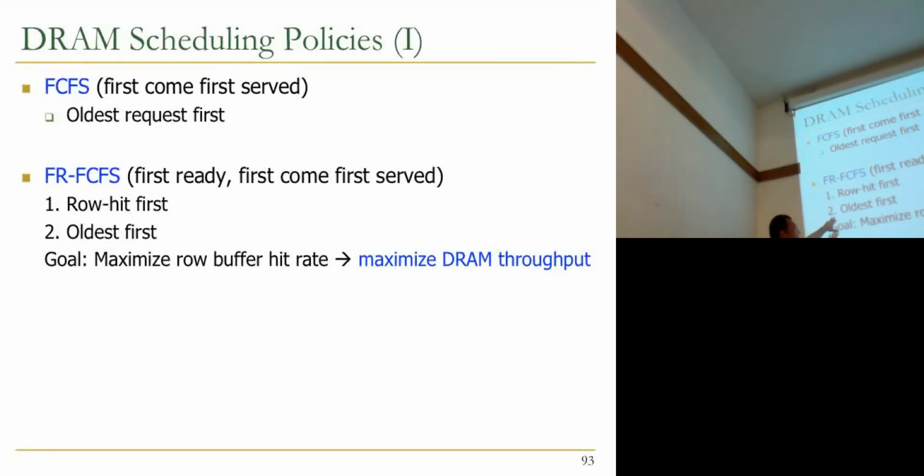That's the first priority level. The second is prioritize older requests over others. So you form a priority level for each request that takes this into account. The goal is to maximize row buffer hit rate with the anticipation that this will maximize DRAM throughput overall, because you get much lower latency and you utilize your data bus much more often as well.